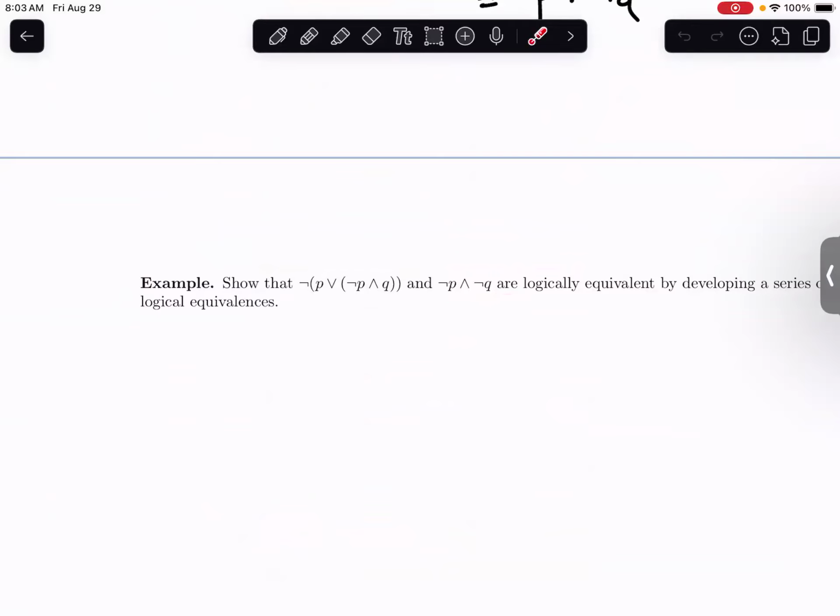I'm just going to go from this to this. Maybe you can go backwards, but I feel like this is easier. And so let's just write down the original statement first. So we have not (P or (not P and Q)).